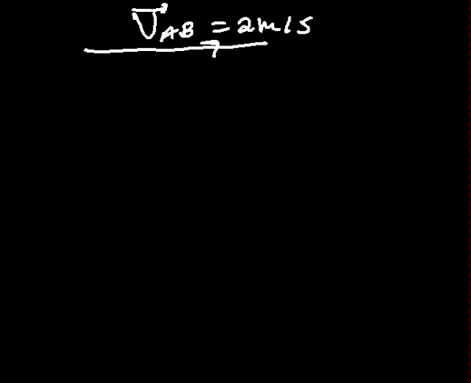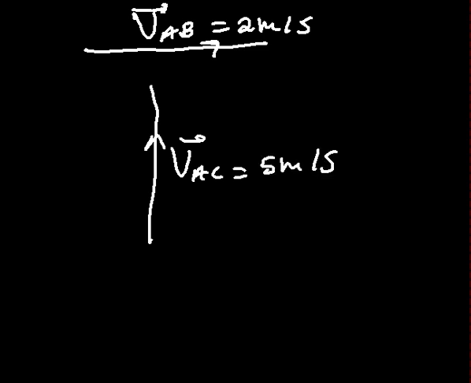And let's say we have another object moving with the velocity Vac, somewhere like that, which is given as, let's say, 5 meters per second. Now, what is the Vbc if this is the case?